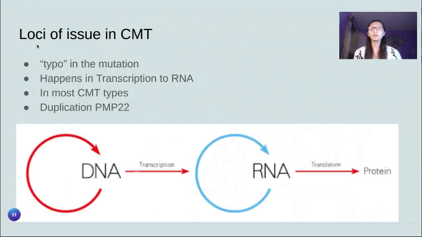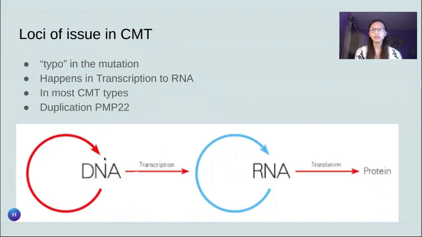Here is the locus of the issue in CMT. CMT is considered a typo in the mutation, and it tends to happen during the transcription to the RNA phase. It happens in most CMT types, like PMP22.